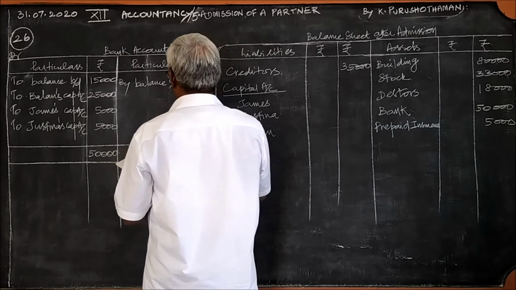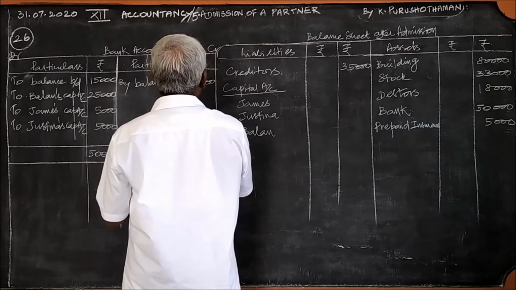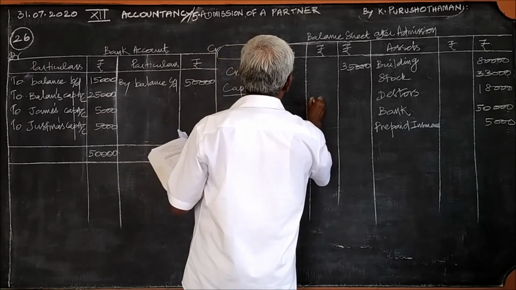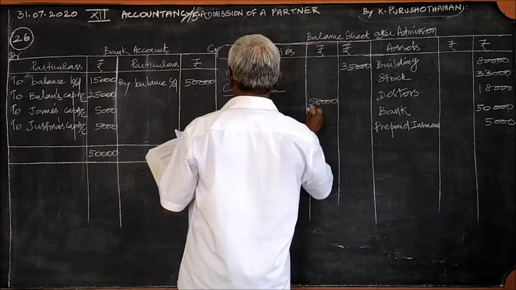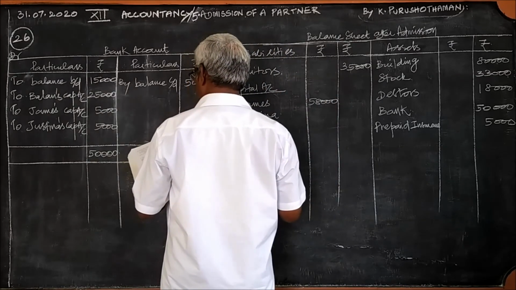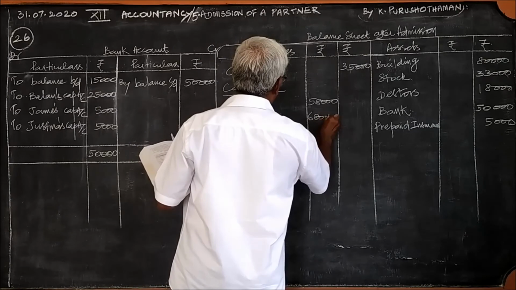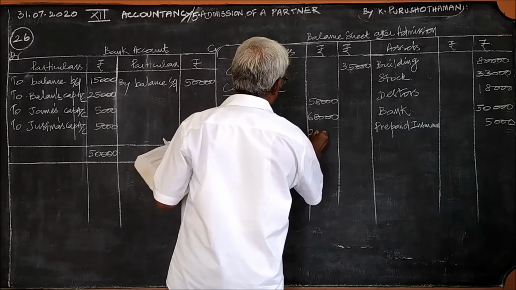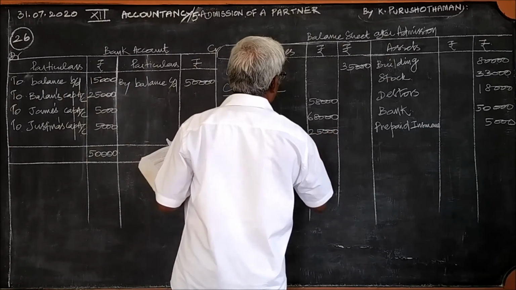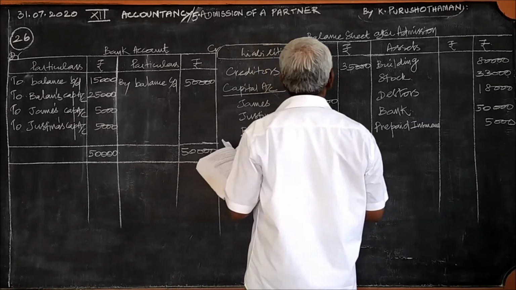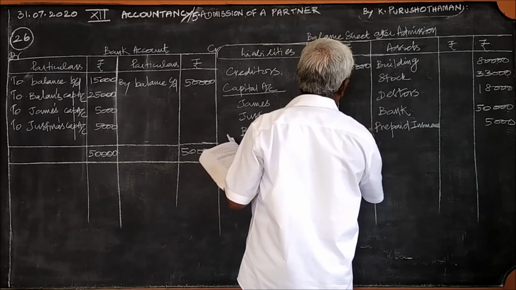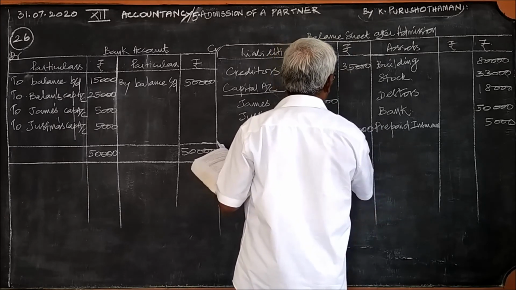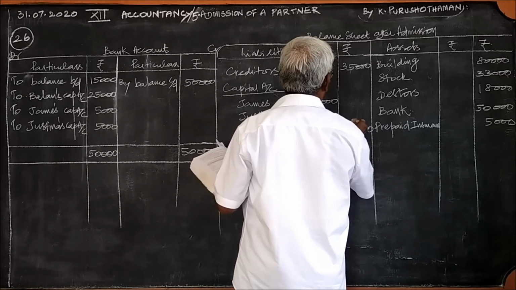And for these three, what is the balance brought down under the capital account? For James, 58,000 is the balance brought down, for Justina, 68,000, and for Bolan, 25,000 is the balance brought down. So you add all these three: 1,51,000.